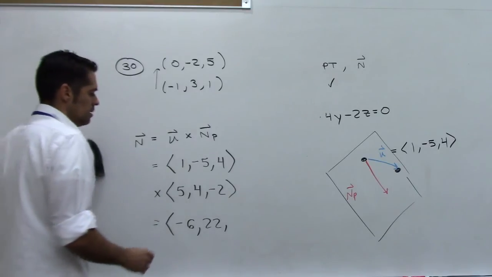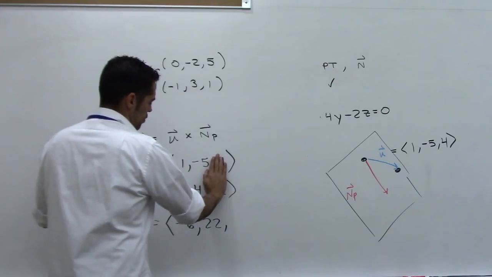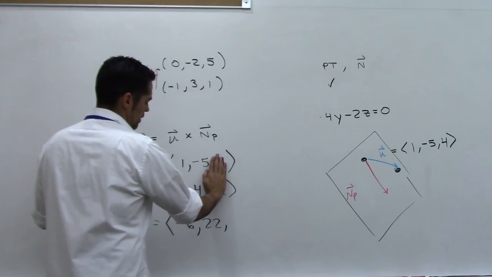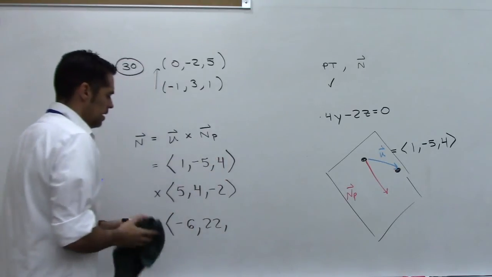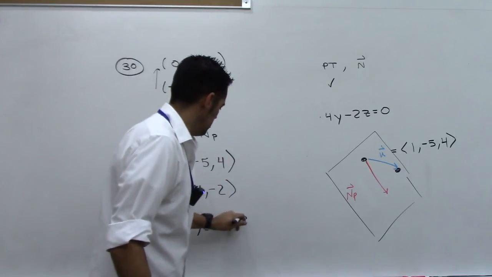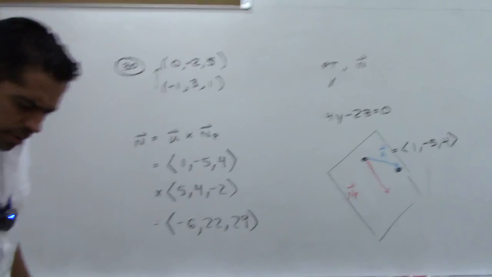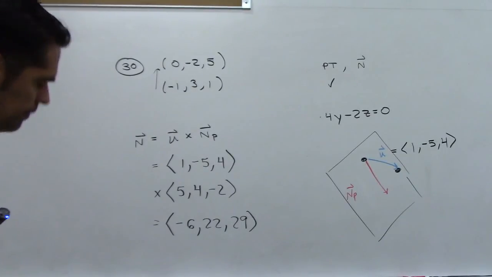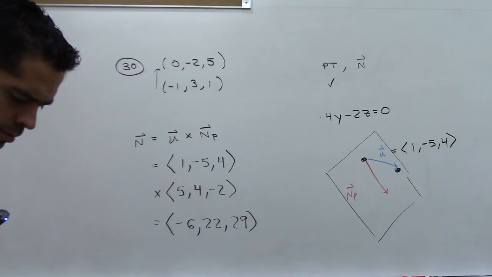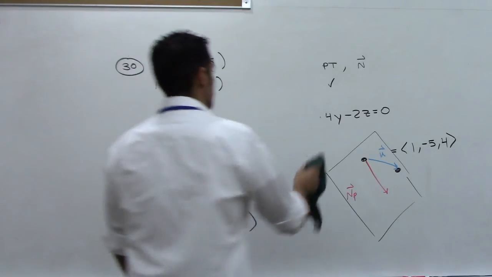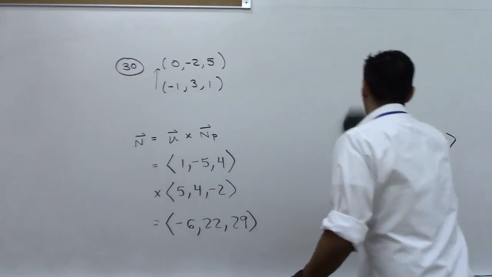And then cover this up. I've got 4, and then take away -25 is 29. That looks weird. Numbers is 30. Let me just double check that. Yep, that's right. Okay, so I'm in business.